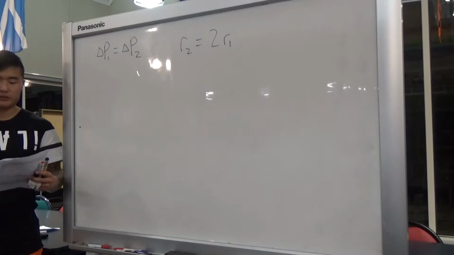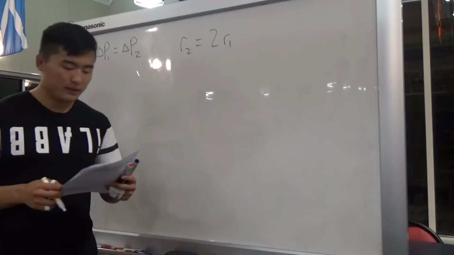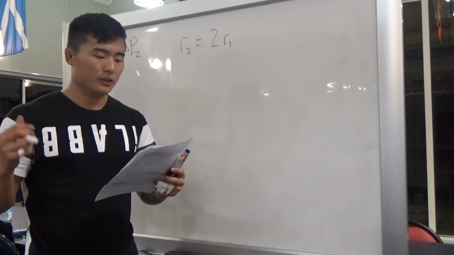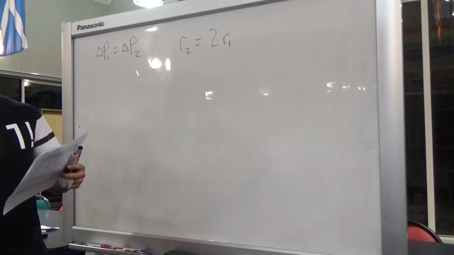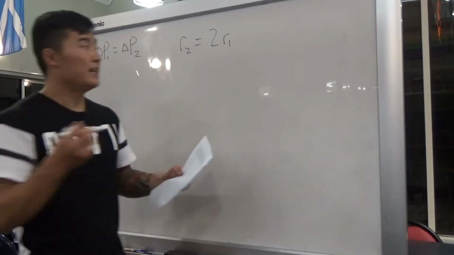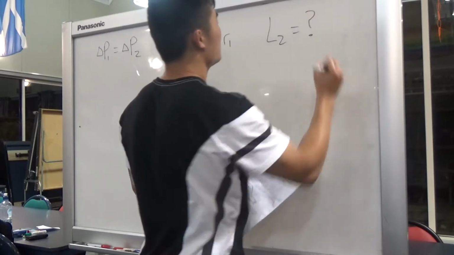Okay, so R2 is equal to 2R1. And we don't know the lengths of pipes 1 and 2, but what we do want to ensure is that the flow rates of both the pipes are the same, and we're going to do that by adjusting the length of pipe 2.